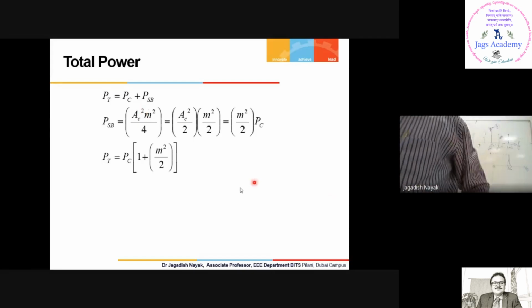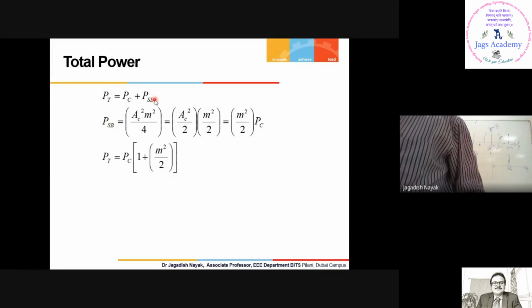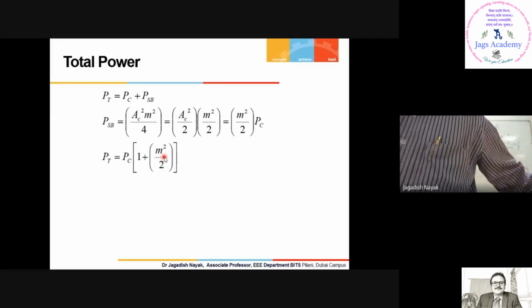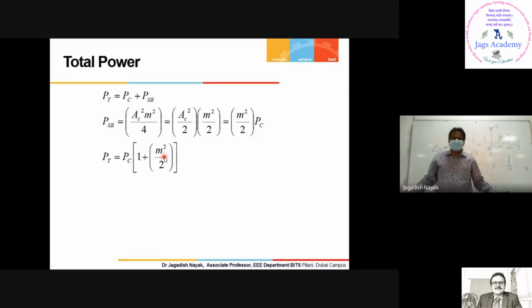It will become Pc plus m squared by 2 into Pc. Take Pc common. What do you get? PT is equal to Pc into 1 plus m squared by 2. So what is the equation for total power now? The equation for total power is equal to carrier power multiplied by 1 plus m squared by 2.